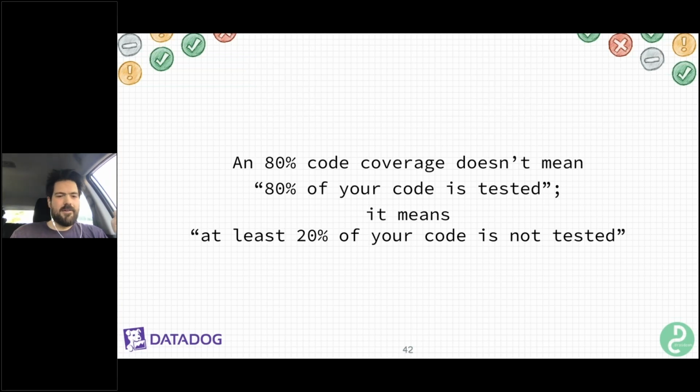Just a side note here, this false assumption can be very dangerous, because in a previous company we had some objective on the quarter to say, if by the end of the quarter you have 15% of test coverage, so we started from 0, if you have 15% of your code covered by tests, you're gonna have a bonus.